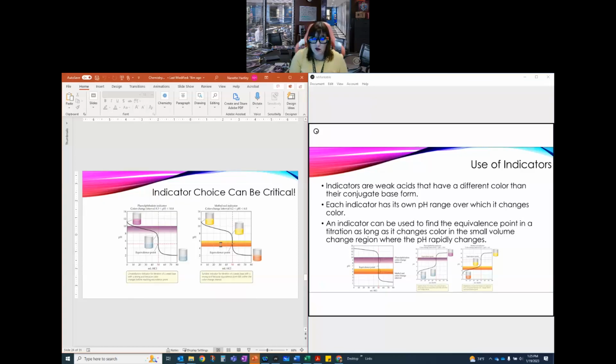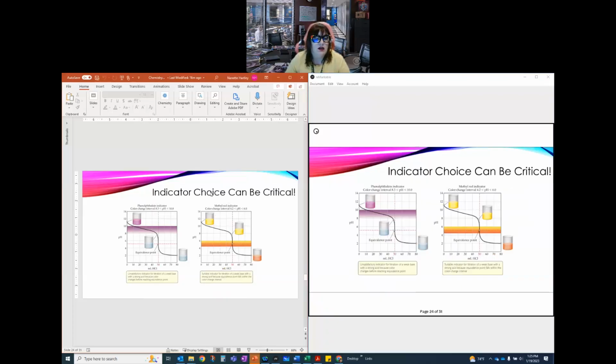Now, our indicator choice can be critical. I mentioned that depending on what we're doing, we may have a change that is not in a good place. So phenolphthalein, one of the common pink indicators, changes color between 8.3 and 10.